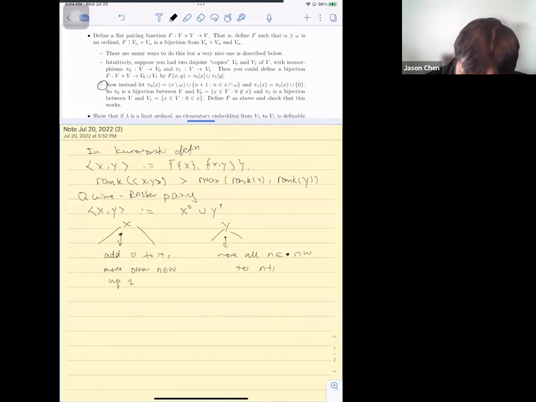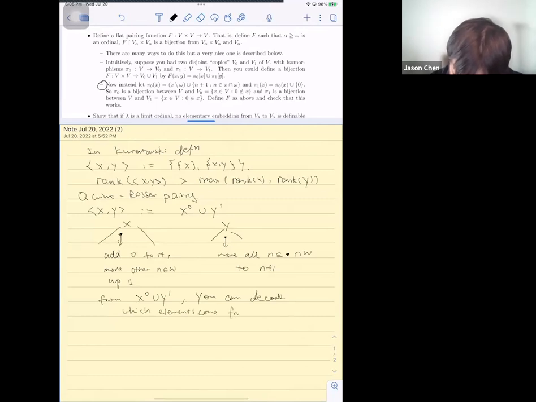And then the point is, from this set, you can recover, maybe not recover, let me say this, you could decode which elements come from X. And this is done by checking whether 0 is in that element.